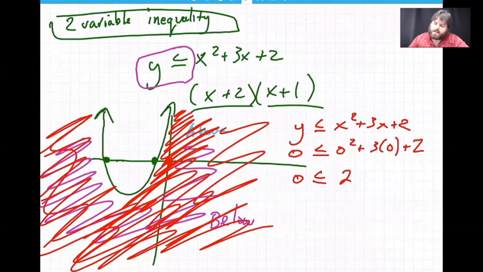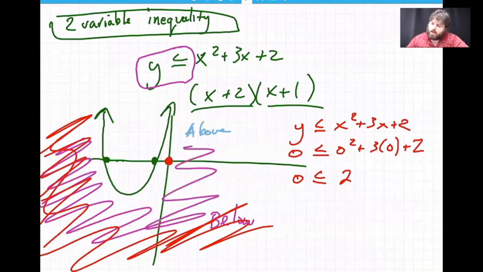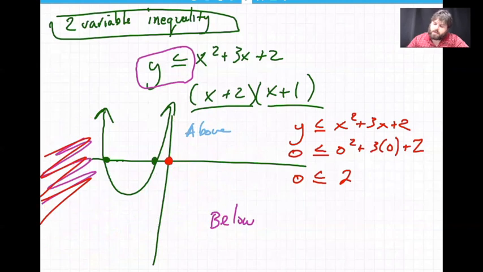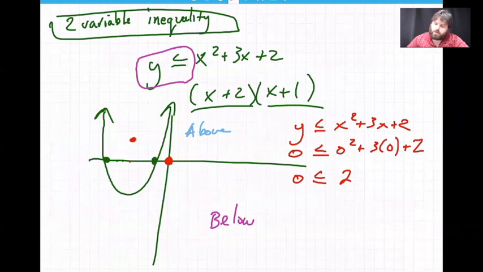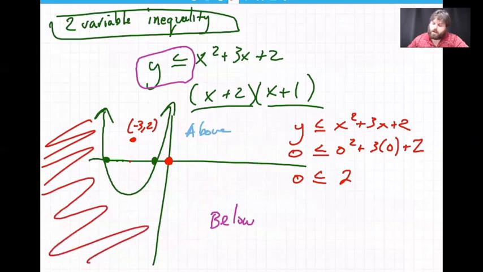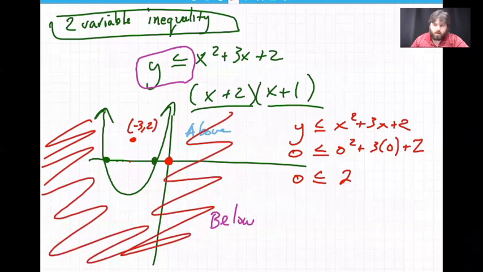Now remember, let's say I tested the point -3, 2. Okay. Now remember, we know the shading is down here, so this point shouldn't work. When I plug in -3, 2, what do I get?